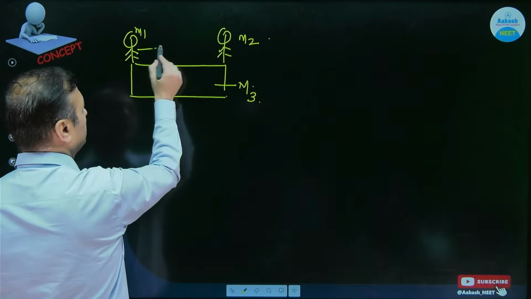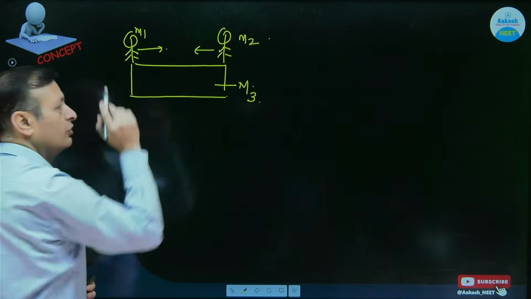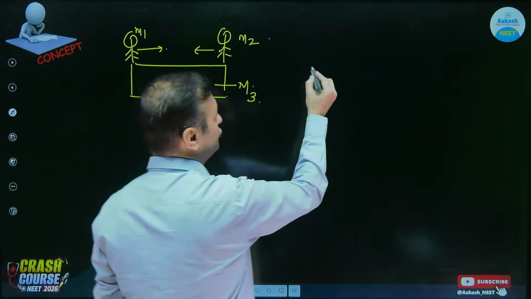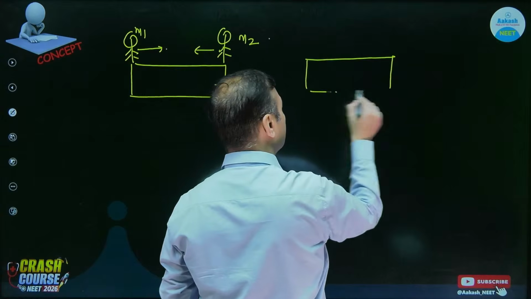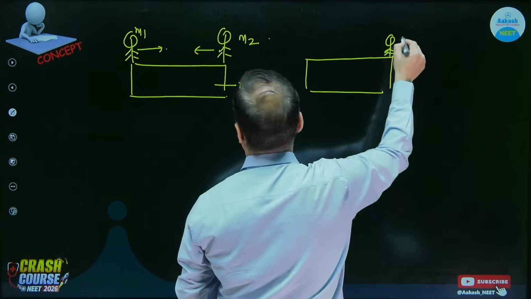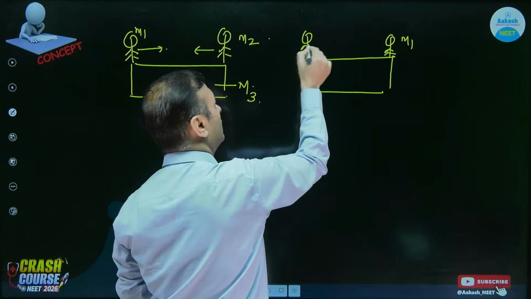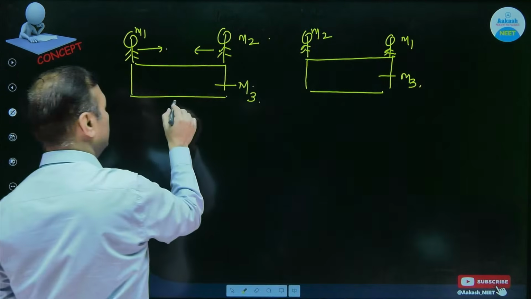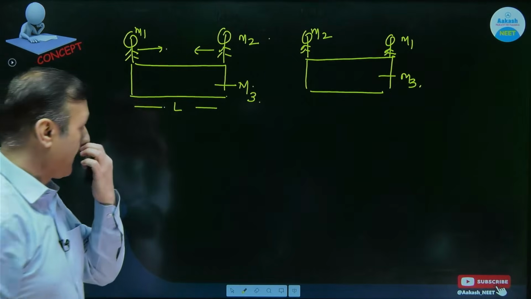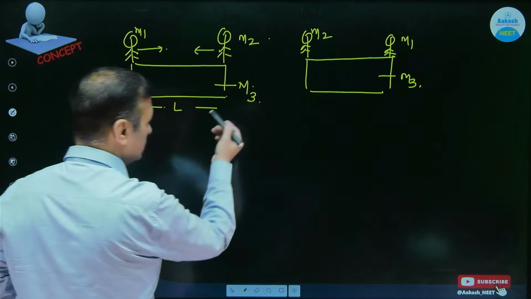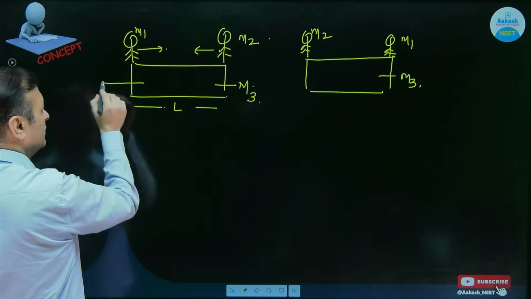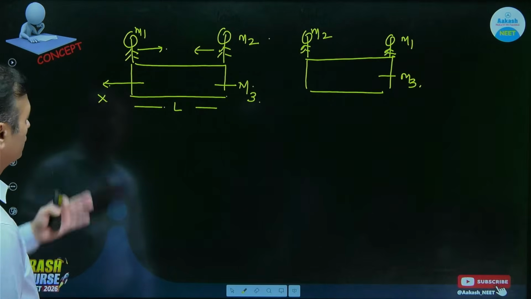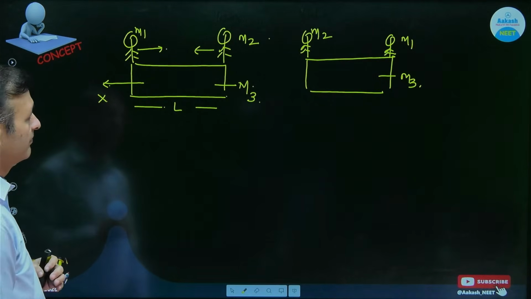If this man starts moving towards this side and this towards this side, this is the extreme situation, if they simply exchange their positions. So this is M1, this is M2, and this is M3, and this length is again L. Let's suppose M3 shifts by some value, this is x.